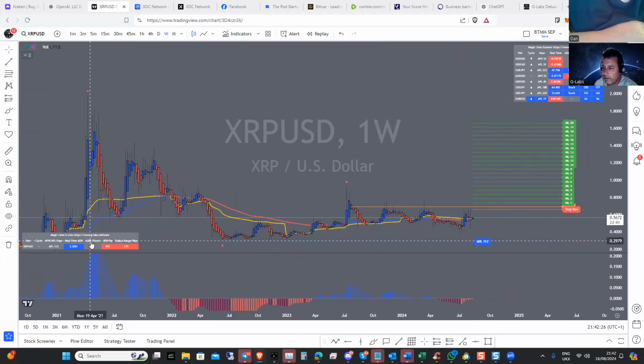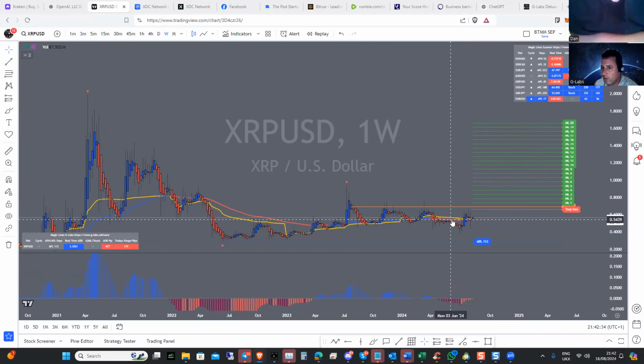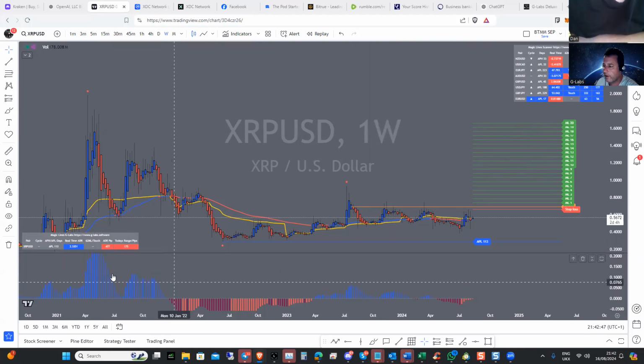Then moving on, this is basically the ML1 touch for the red and blue one. The red and blue one changes color when price is above or below it. Everything's made to flow: blue for bullish, red for bearish.